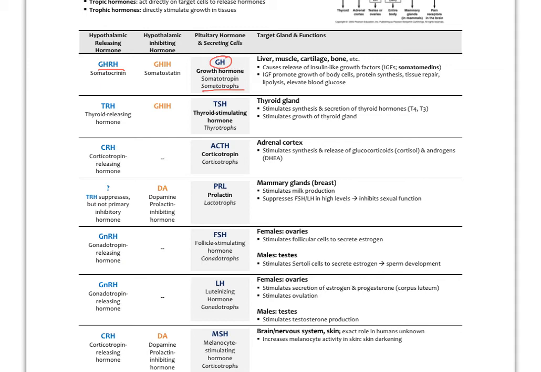Now, growth hormone itself is not particularly active. It has to actually enter circulation, where in the liver, receptors for growth hormone stimulate hepatocytes to release insulin-like growth factors, or somatomedins. And the biggest one is IGF-1. And so IGF-1 circulates around the body, and that's what actually stimulates growth in muscle, cartilage, bone, and so forth.